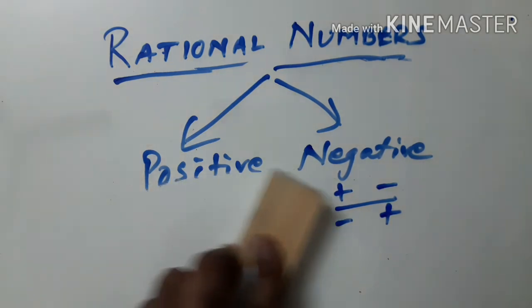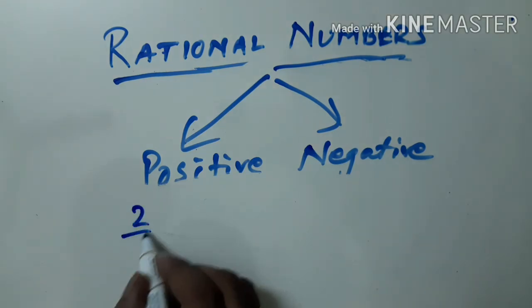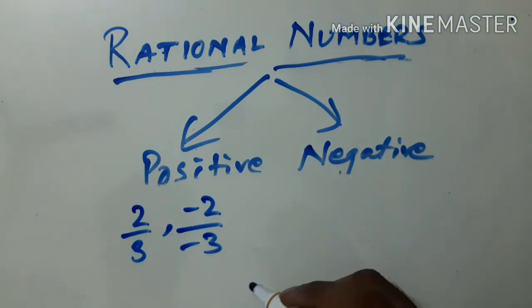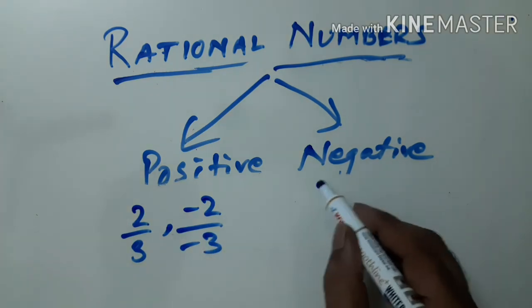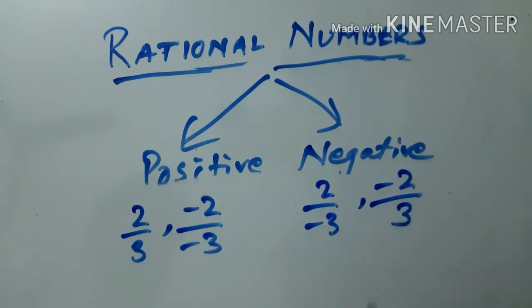So, let's take some examples. In positive, we can write 2 by 3 or minus 2 by minus 3. In negatives, we can write 2 by minus 3 or minus 2 by 3. So these are the two types of rational numbers, positive and negative.